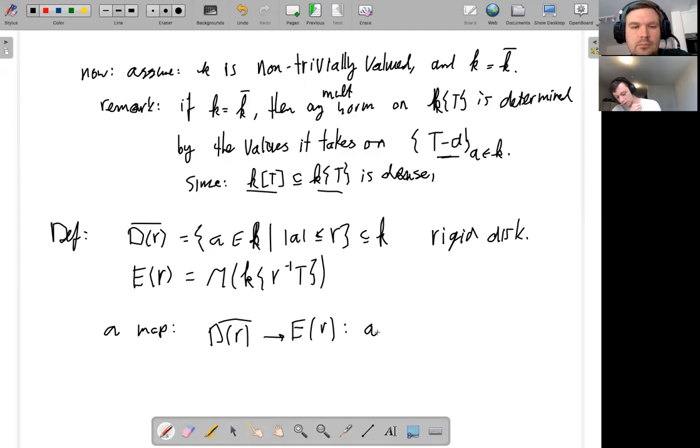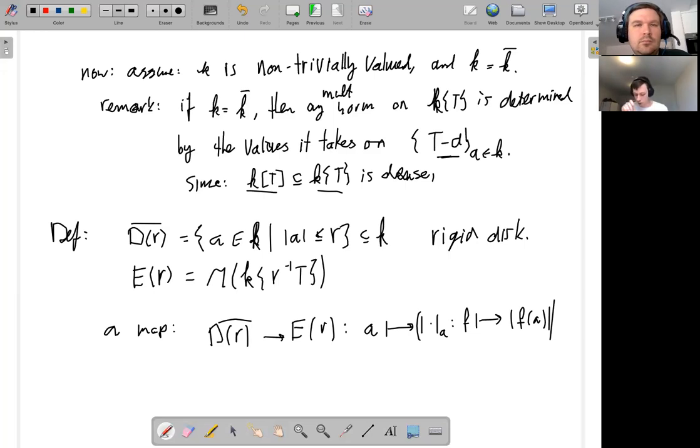And this says you take an element A and you map it to the corresponding norm. And this norm is just the thing that maps an element f to the norm of f.